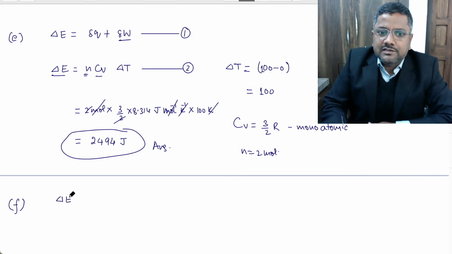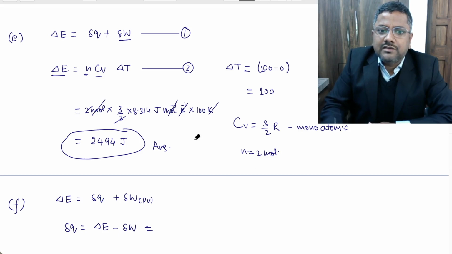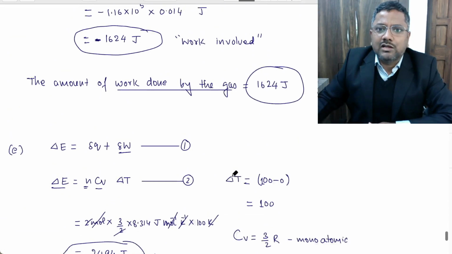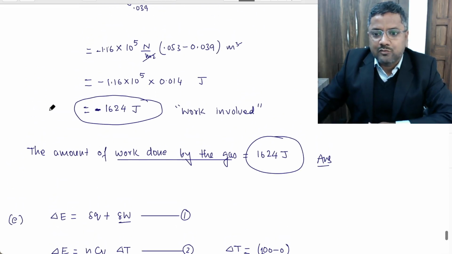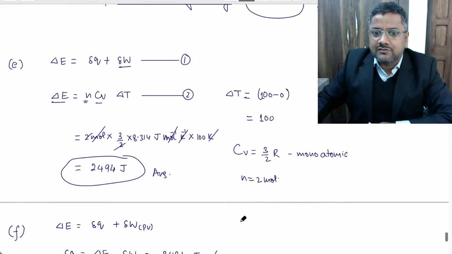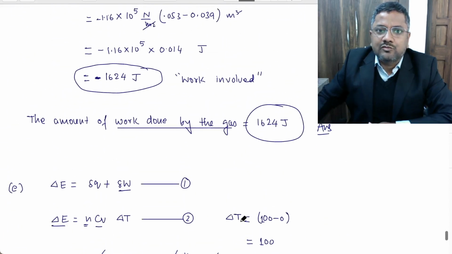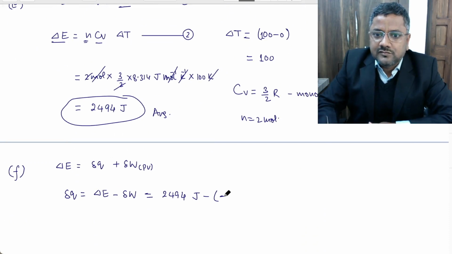So delta E is equal to delta Q plus delta W, PV, right? So delta Q is equal to delta E minus delta W. So this is equal to delta E, which we have calculated, 2494 joules, minus, and this time when you are putting the work here, you have to put it with its sign, because here in the equation we are not going to use the English words, so you have to put minus 1624 joules.